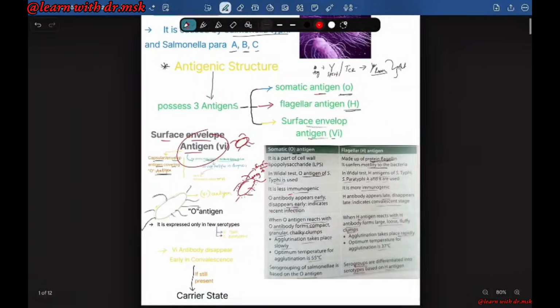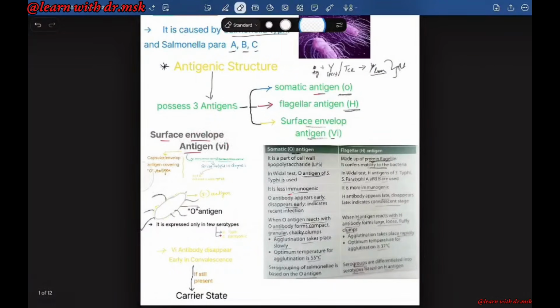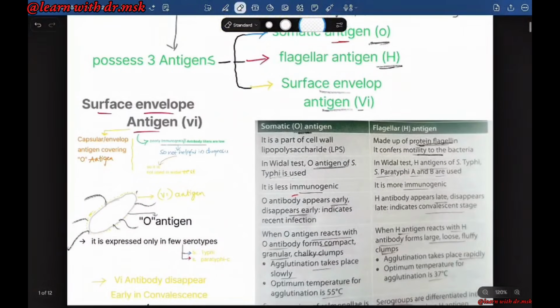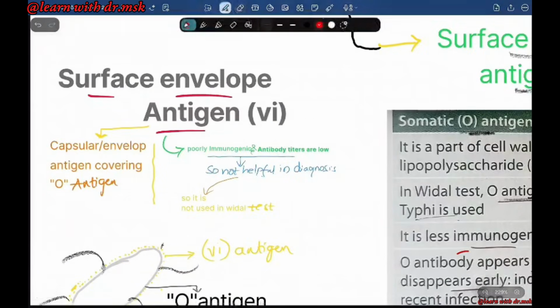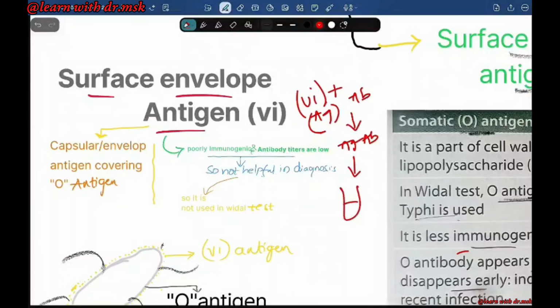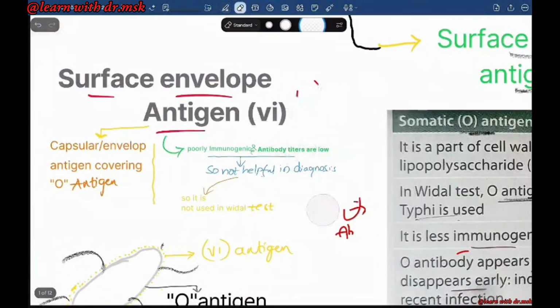Is it helpful in the diagnosis of Salmonella typhi? No. Why is the surface envelope antigen not helpful in diagnosis? When an antigen reacts with an antibody, there is an antigen-antibody reaction, and we detect the titer, which simply means the concentration of antibody in the serum.